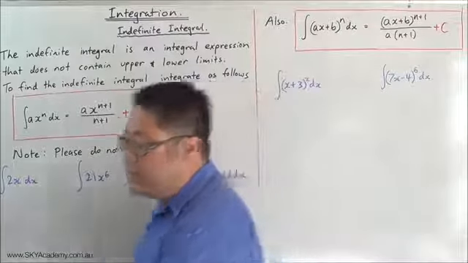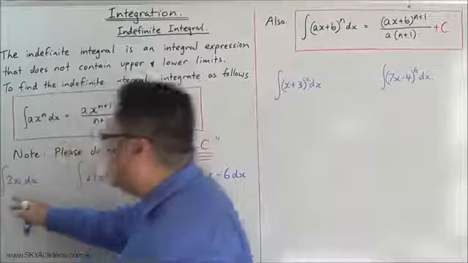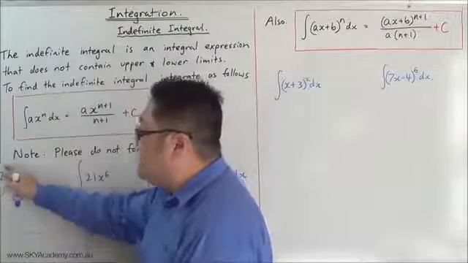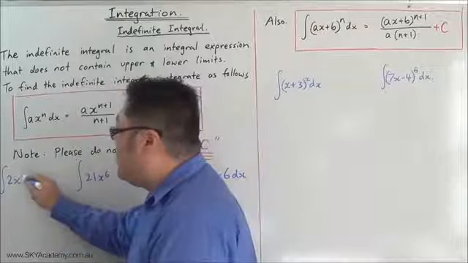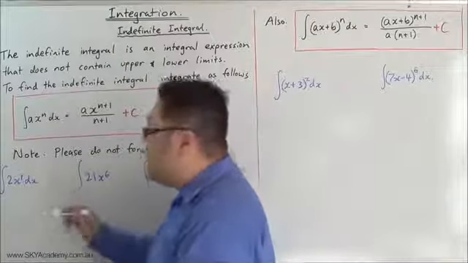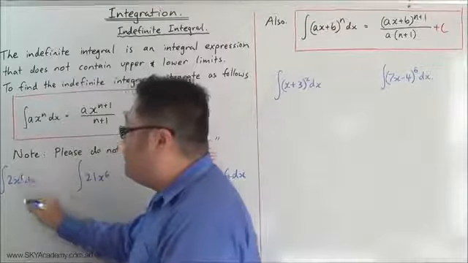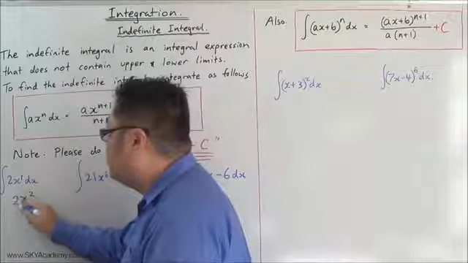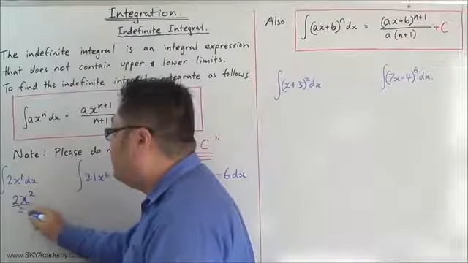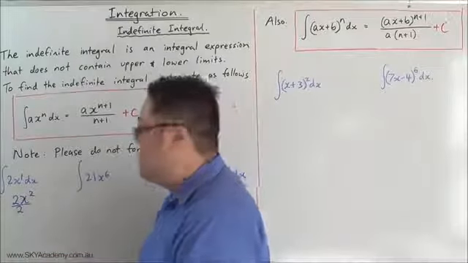Integrate 2x. We've got an integral sign, and we're integrating 2x. 2x has a power, and that power is 1. We raise the power of 1 by another 1 to x to the power of 2, and we divide by the raised power.